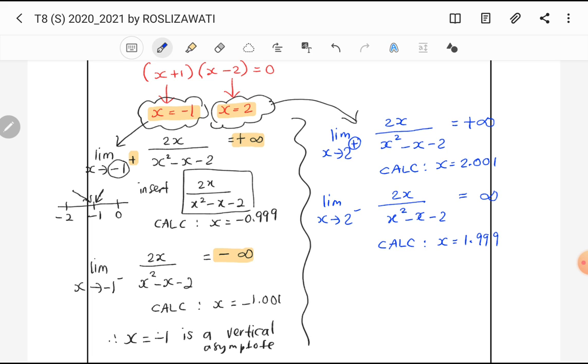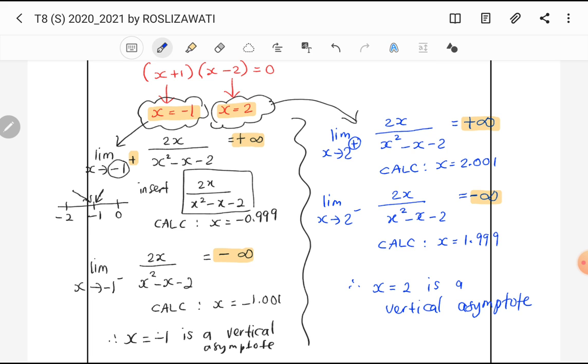Dia bagi negative infinity. Okay, 1 is positive infinity and another one is negative infinity. Therefore, we can conclude that x equal to 2 is also a vertical asymptote.